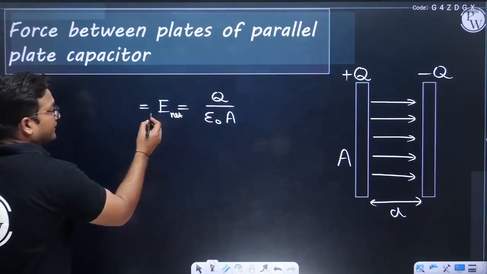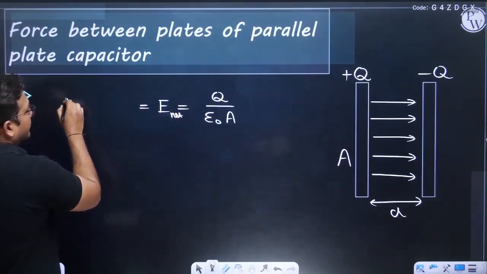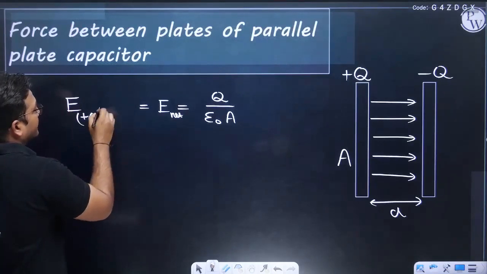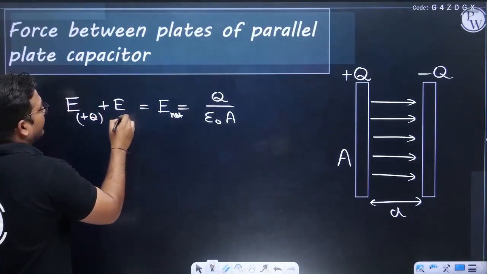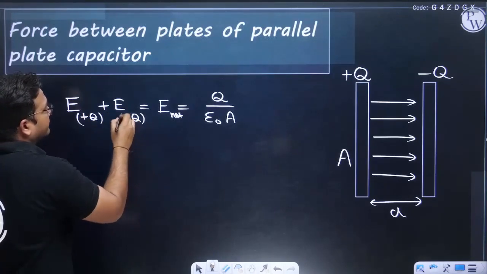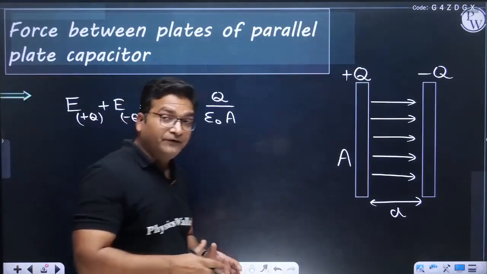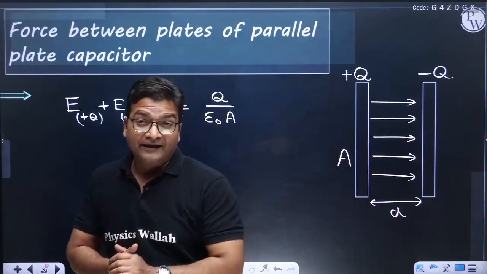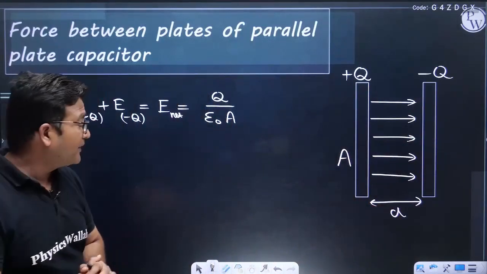This net field has contributions of field because of plus Q and field because of minus Q both, so it can be written as the field because of plus Q plus the field because of minus Q. The net field because of both charges is Q by epsilon naught A, right?